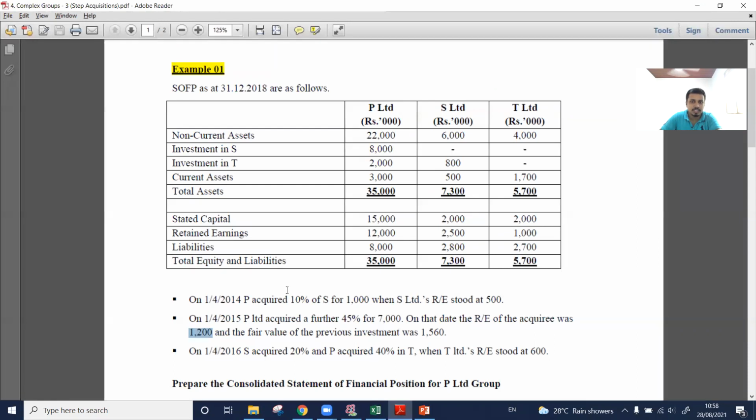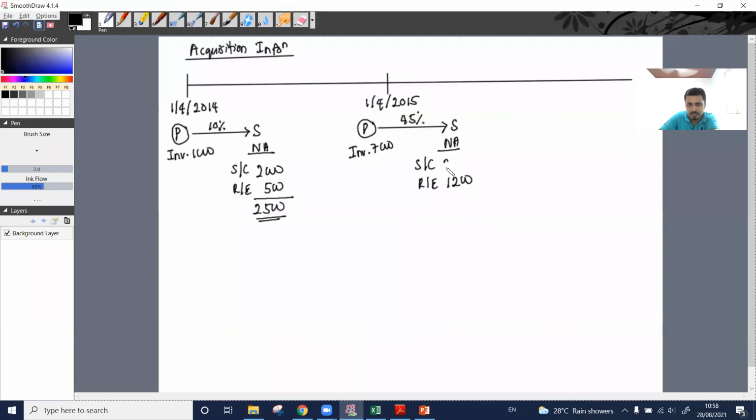What should be the stated capital amount? Stated capital of S Limited, 2,000. We'll assume that 2,000 figure was there as at this date as well, and it has not been changed over the time. So altogether, our net assets worth of 3,200 as at the acquisition date.